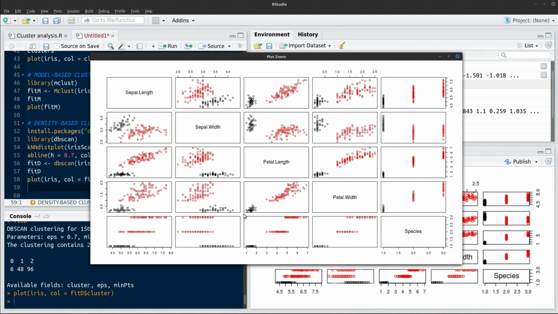And so in such situations where you have high dimensional data sets and you want to identify clusters, it's usually a good idea to perform some kind of dimensionality reduction technique, such as principal components analysis, which we have gone through in one of the other videos.